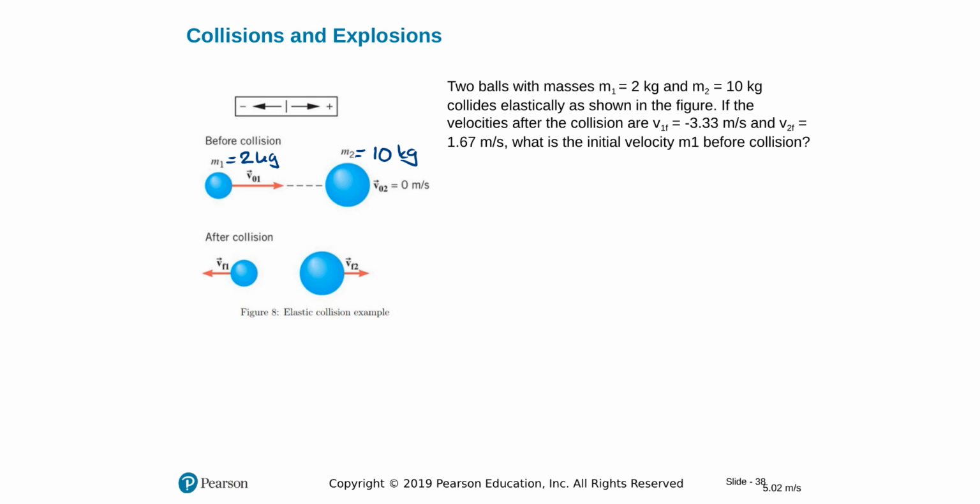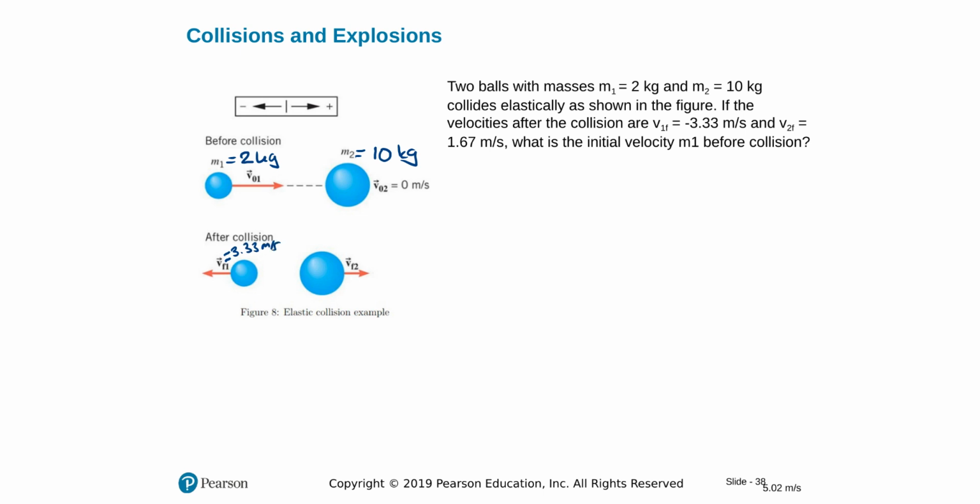And keep reading now. Collides elastically as shown in the figure, if the velocities after the collision are minus 3.33, which would be this value here, minus 3.33 meters per second.